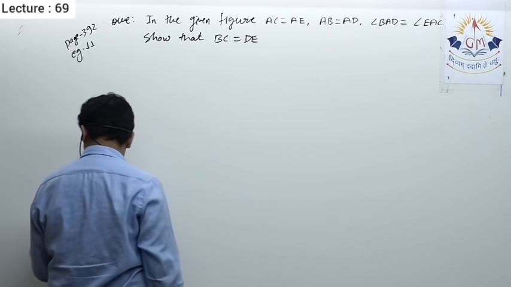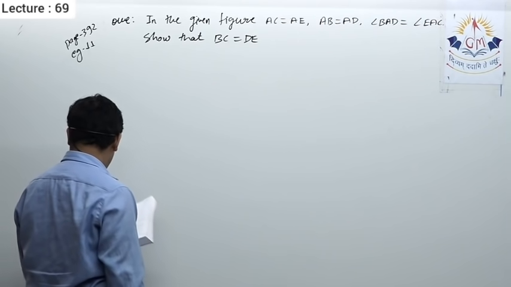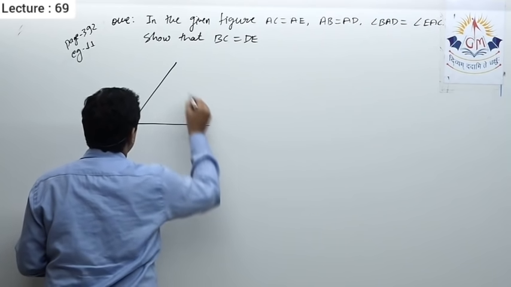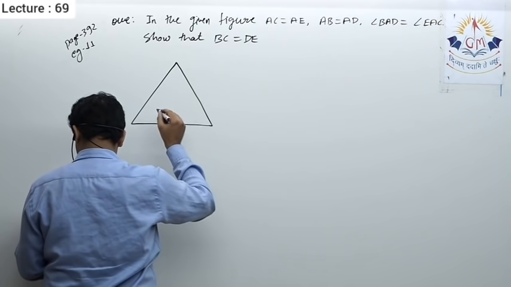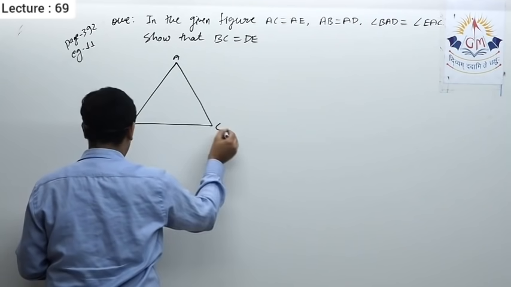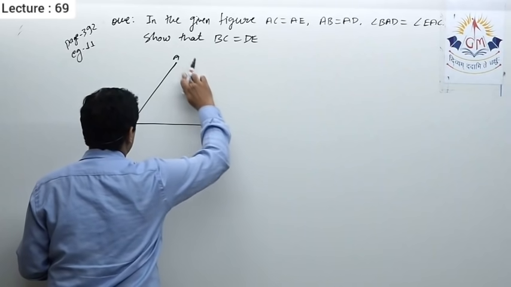Okay, AC equal to AE, AB equal to AD, BAD equal to EAC. So here is the diagram. Triangle ABC, this is a triangle ABC.